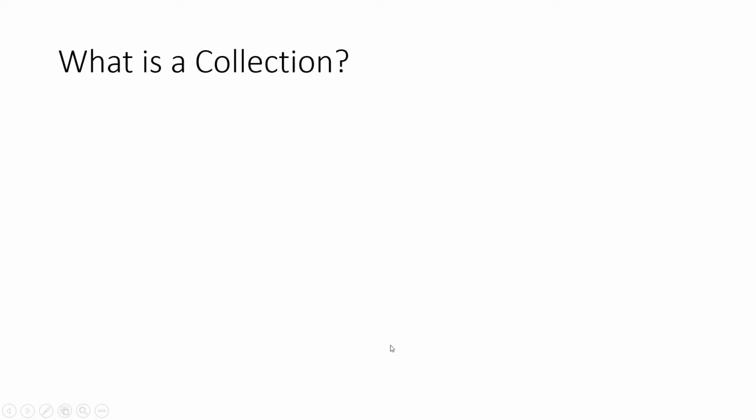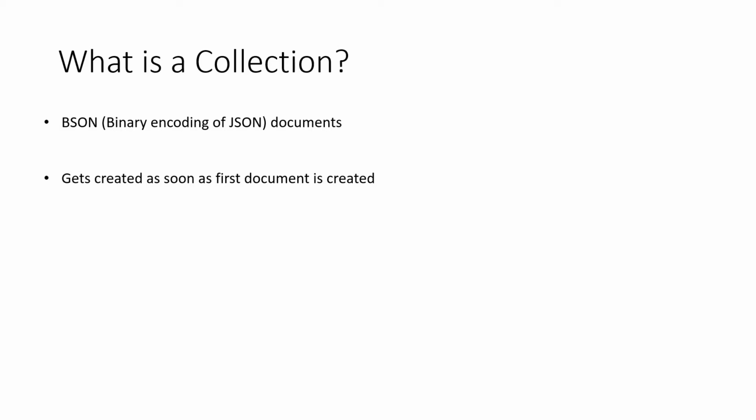Now what is a collection? It is a binary encoding of JSON documents. The collection will get created automatically when the first document, that is a row, is inserted into a collection. Now there are some restrictions on collection names. Let us see.